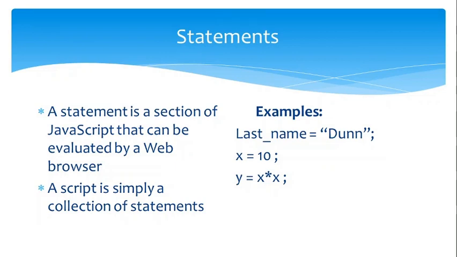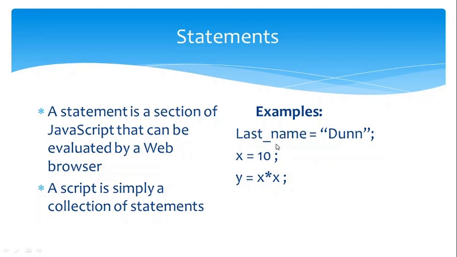Okay, a script is simply a collection of statements. What is JavaScript? Like almost all programming languages, it is a collection of statements only. So a script is simply a collection of statements. An example of that is: last name is equal to Doe, x is equal to 10, y is equal to x times x.